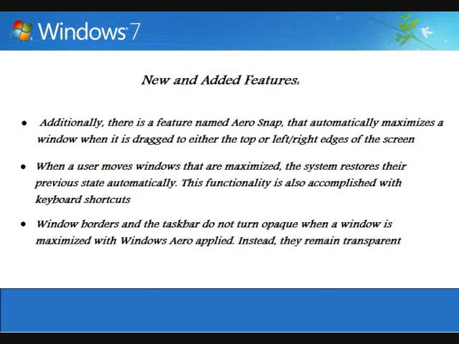This is one of the special features. Even shortcut keys can be used for this purpose. Windows borders and taskbars do not turn opaque when a window is maximized where Aero is applied. Instead, they remain transparent, which is an additional feature present in Windows 7.